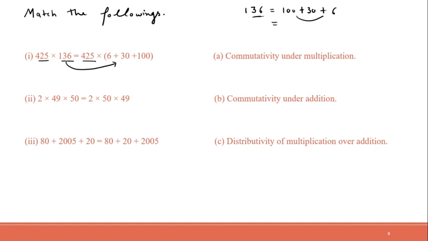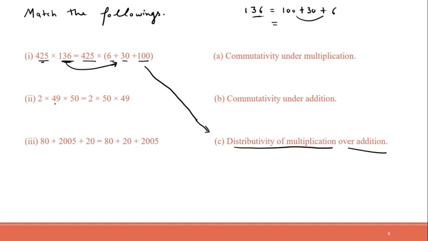This number is distributed. Here it is written distributivity of multiplication over addition. That means in this multiplication, we just distributed this number over its addition. Here we have three terms. First we will add these two and we will get this. So it is distributivity of multiplication over addition, right? So we will match this first to this one. Got it?